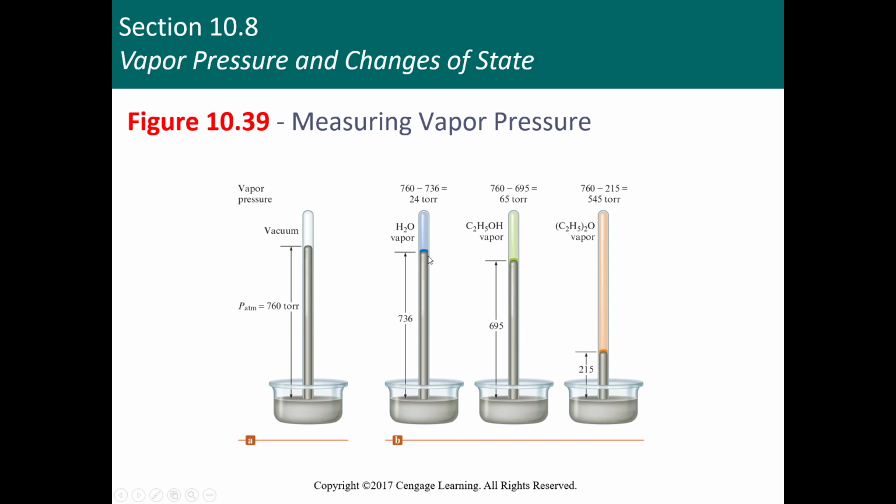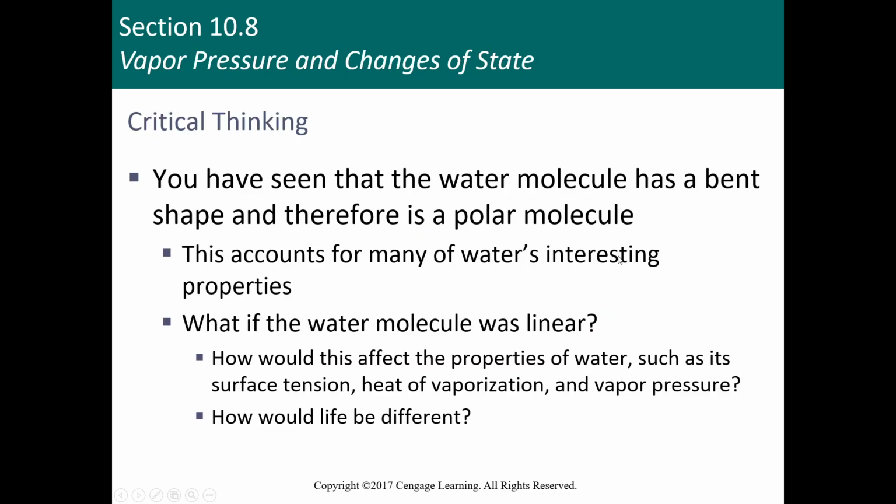And what that means is the difference between 760 minus what it is right here when you measure it is going to tell you the vapor pressure of the water right here, 24 torr. Same thing here, this is ethanol. You're getting the same thing. Difference tells you the vapor pressure of ethanol, and so on.